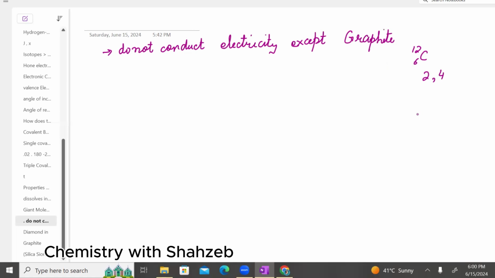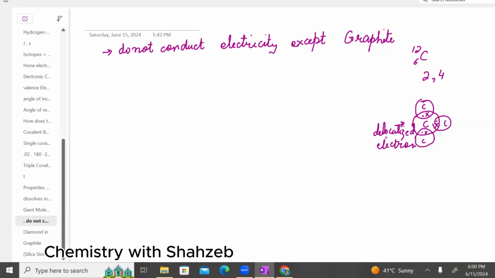But in graphite, each carbon is covalently bonded with only 3 carbon atoms, like this. One electron exists as a delocalized electron.